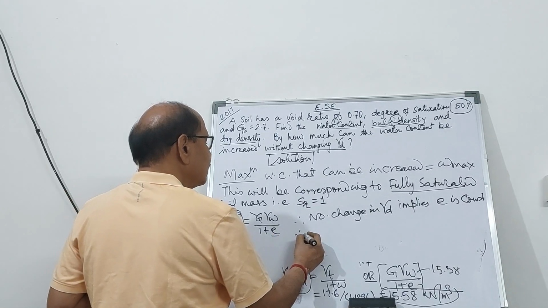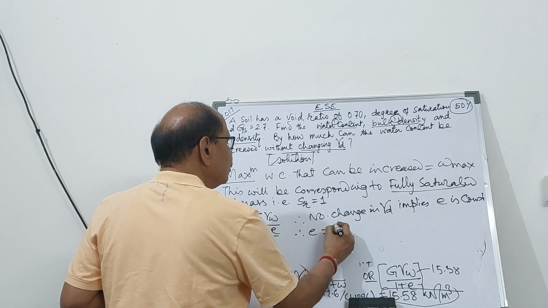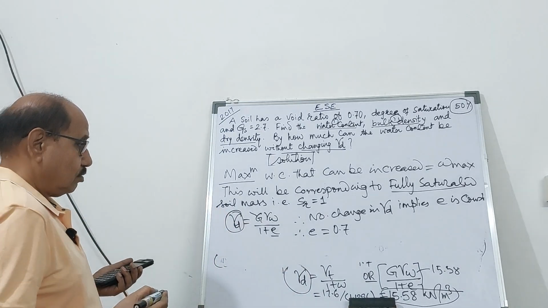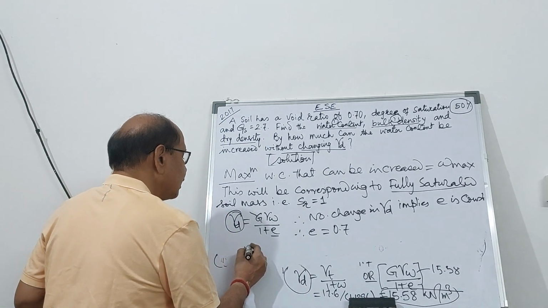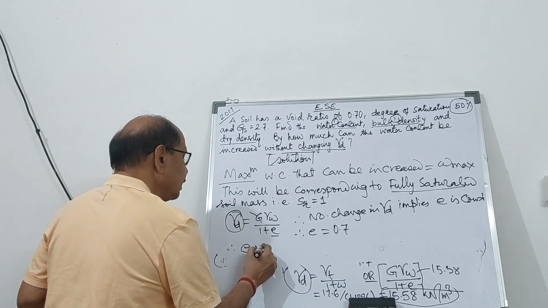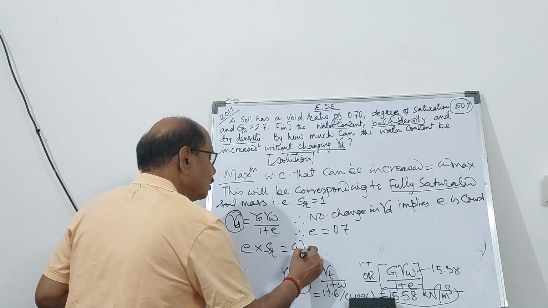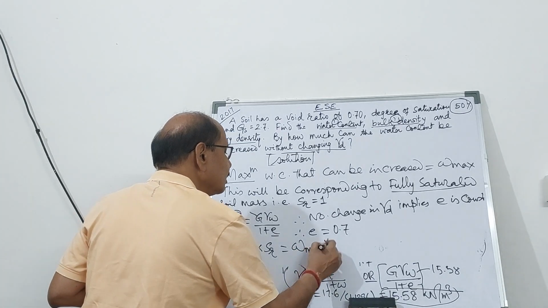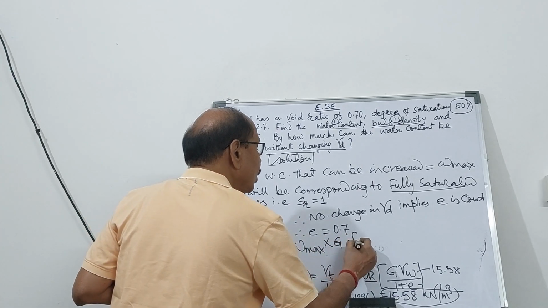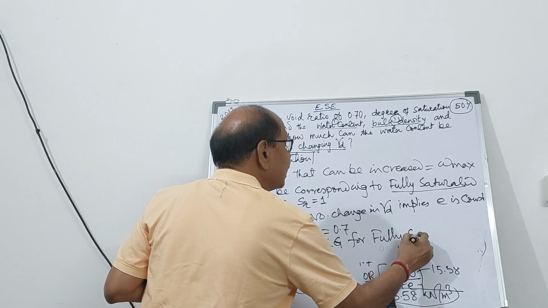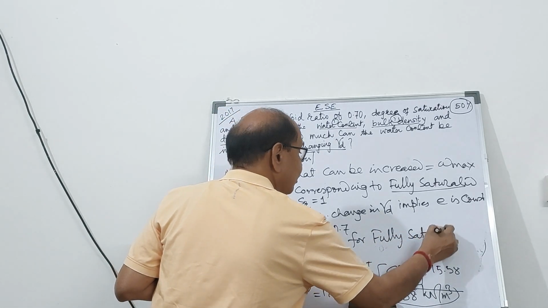Therefore, E is going to be 0.7, no change. Now, E into SR equals W max into G for a fully saturated soil mass.